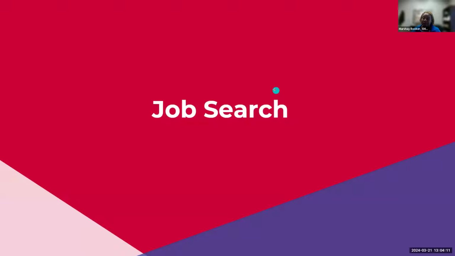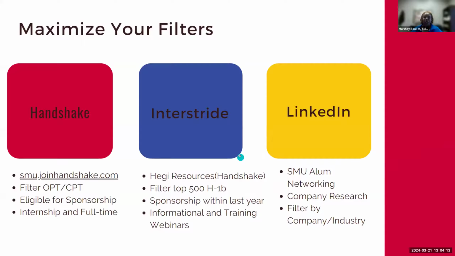So speaking about job search and internship search, you want to maximize your filters any and every time that you are searching for employment. Whether you're using Handshake or any of the other platforms that are listed, make sure that all of the filters are applied. When we think of what type of role we want to be in and what location we would like to be in, sometimes you can filter out levels, you can filter out industry.